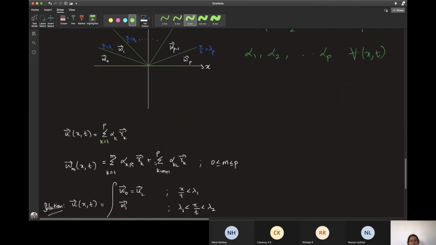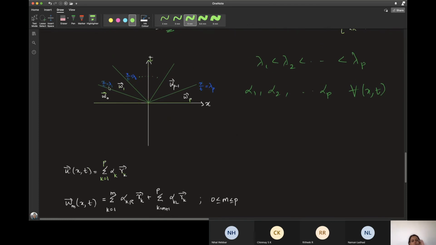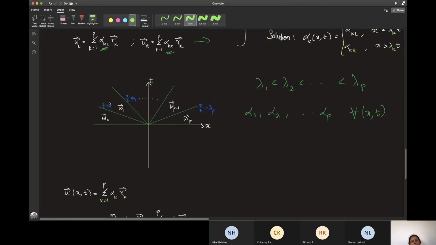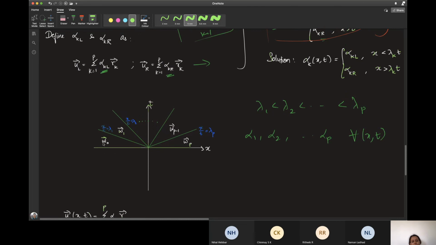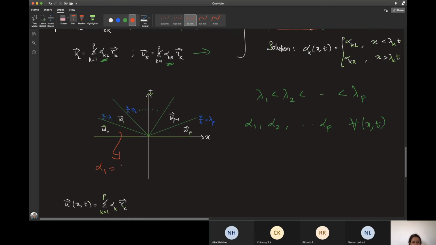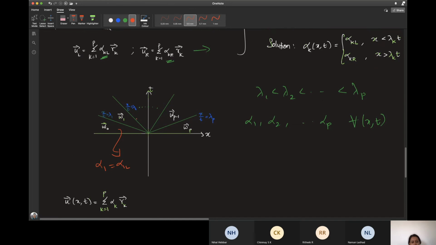So yes. Now let's just consider this first characteristic x by t equals lambda 1. For this characteristic, your alpha 1 is alpha 1L, right?